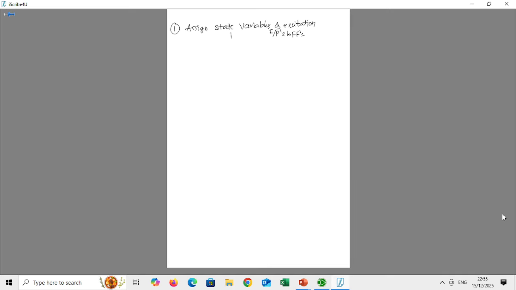State variables are nothing but the outputs of the flip-flops. So Q1 and Q1 bar are for flip-flop 1. This is the first one we have to assign. Next, for flip-flop 2, Q2 and Q2 bar are assigned. Now, what are the excitation inputs?